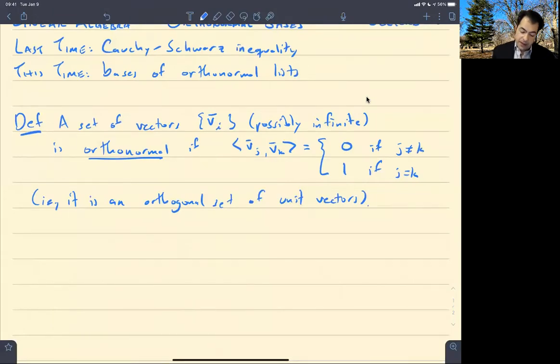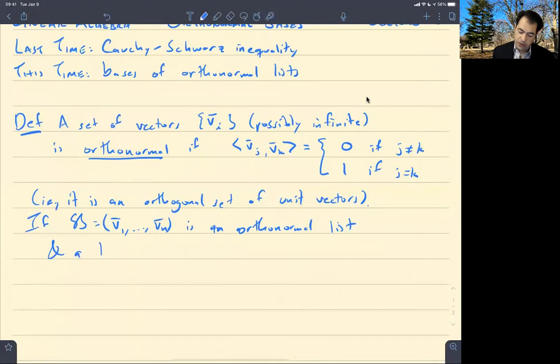Okay, if B is a list, v1 through vn, and it's orthonormal, and it is a basis of V, we call it an orthonormal basis.